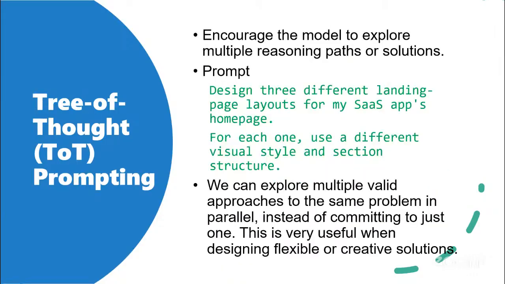And then there is something called tree of thought prompting. Tree of thought is, think about a tree branch. You have one thought, and then you are asking it to branch it out. For example, design 3 different landing pages for this habit tracking app for my application's homepage.